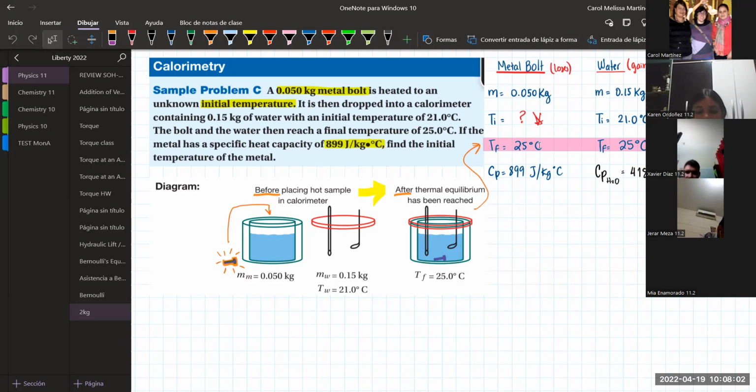Now I don't have a different initial temperature; the two temperatures are the same. The bolt and the water are experiencing the same 25 degrees Celsius. That is the purpose of calorimetry: the two objects are going to reach the same condition of final temperature.